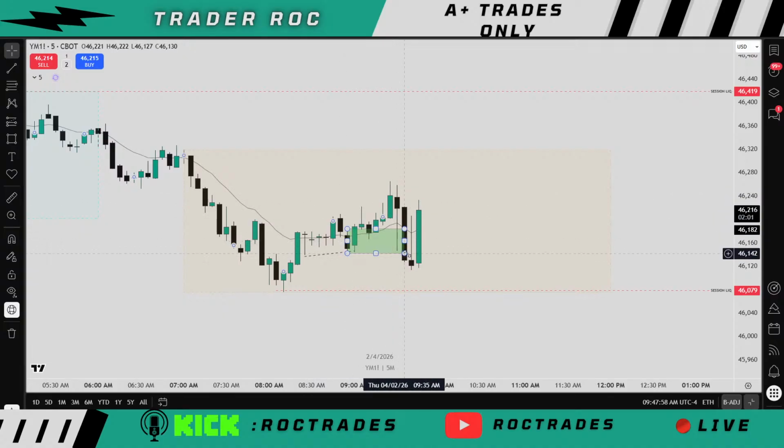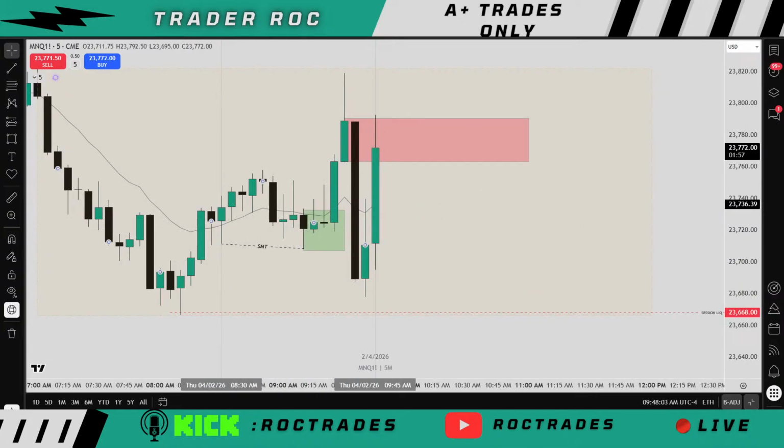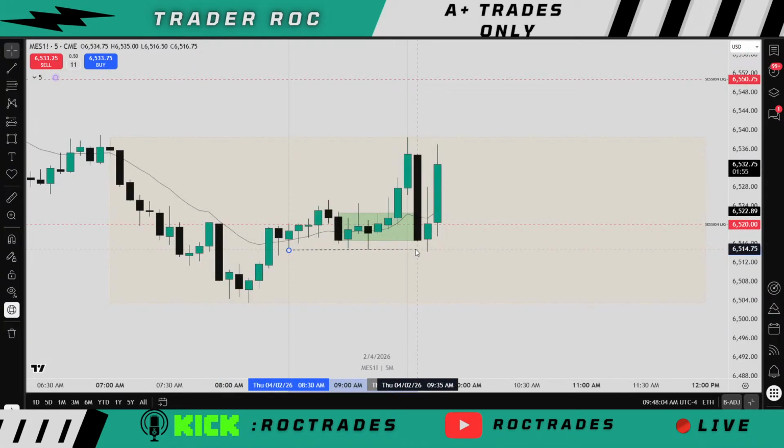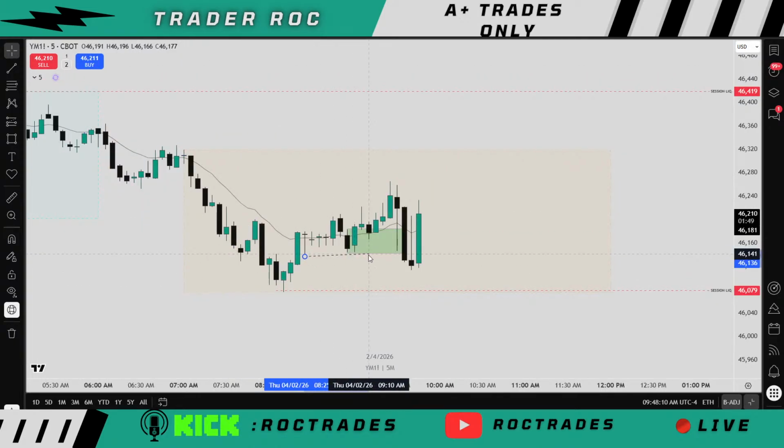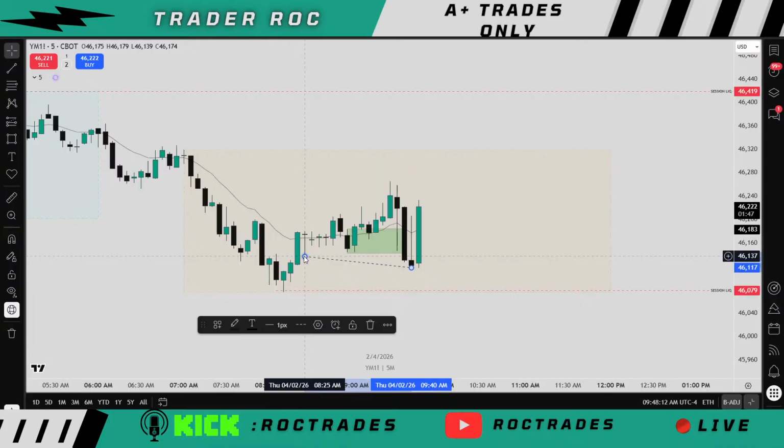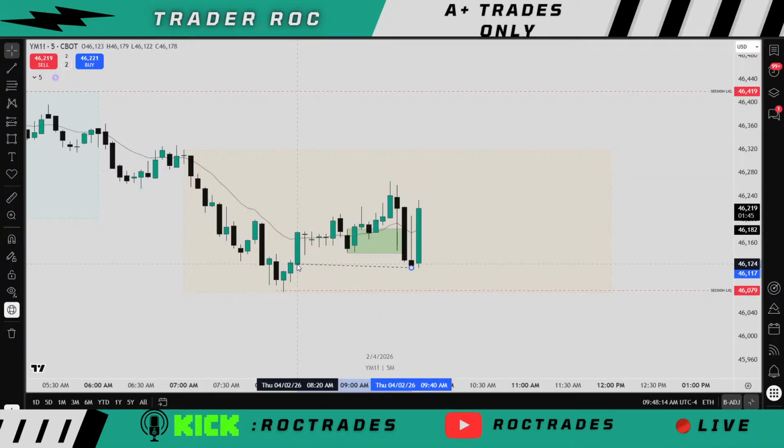Break structure. Now we pull back. We're getting SMT on the pullback as well. So you have like a double SMT here. The pullback doesn't get anywhere near these 8:25 lows. YM gives you this deep drive underneath 8:25, underneath 8:20. All right, so we're getting this closure here.